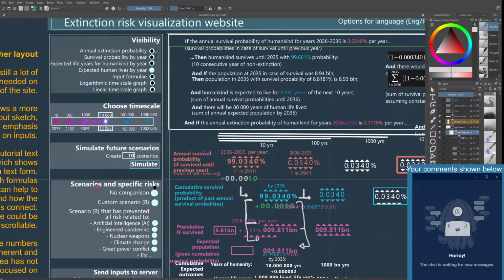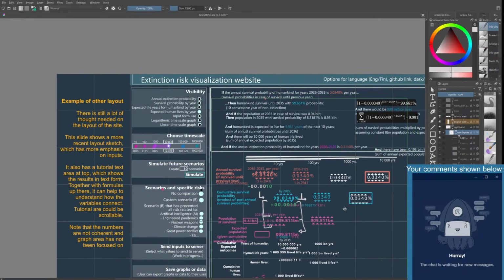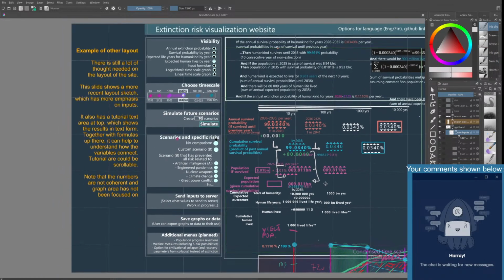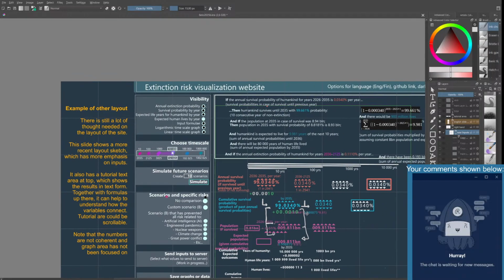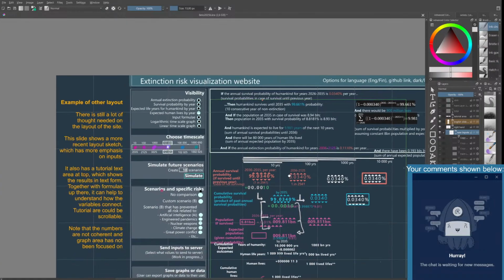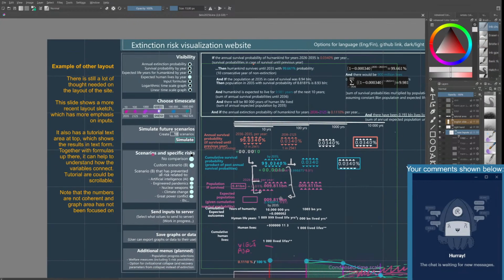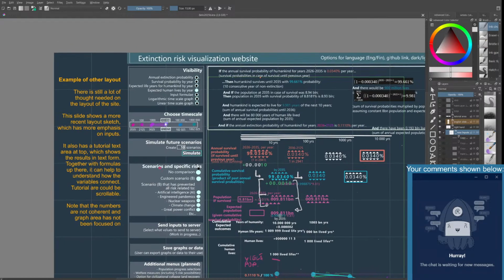So let's have a bit more of a look at this UI here. I kind of want to make it easy for the user to see how these different variables connect to each other, and what values are the product of what other values.